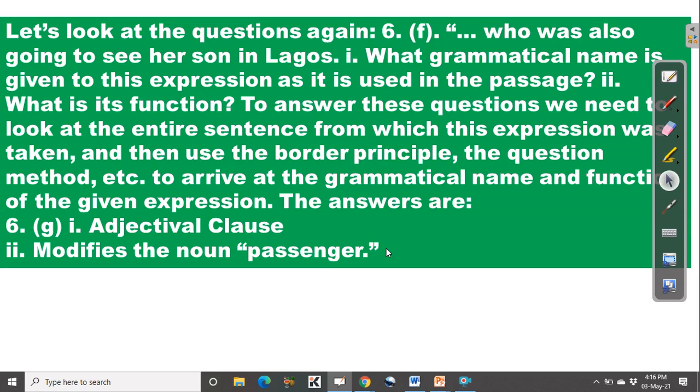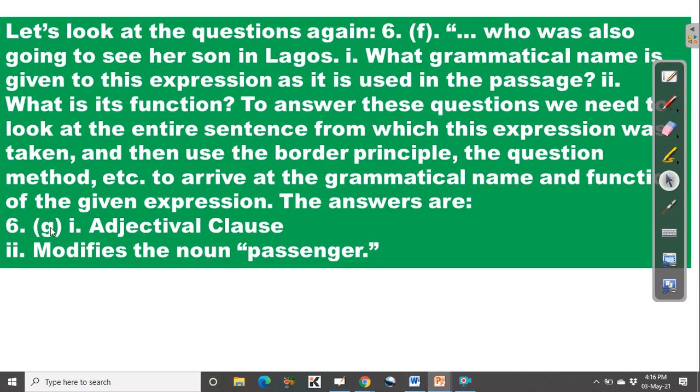For instance, in answering grammatical questions, you don't need to write any sentence. You simply state the name and the function as you have been asked.